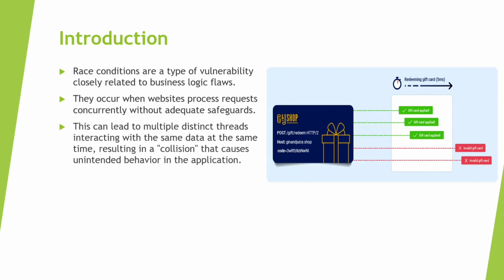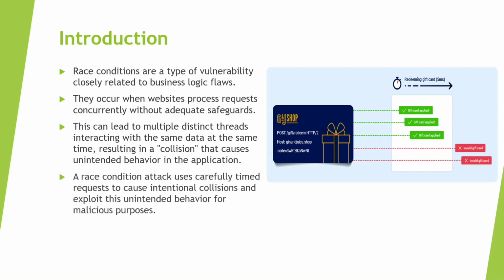So when an endpoint gets multiple requests at the same time, which causes the data to collide with each other, it causes unintended behavior in the web application. So the race condition attack is when an attacker carefully times those requests to exploit the unintended behavior for malicious purposes.